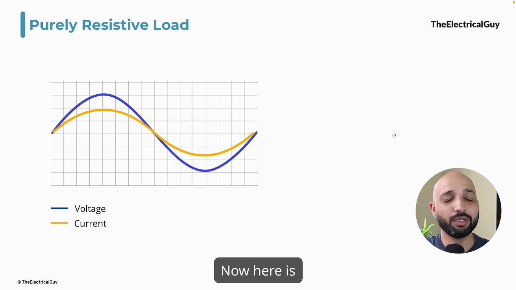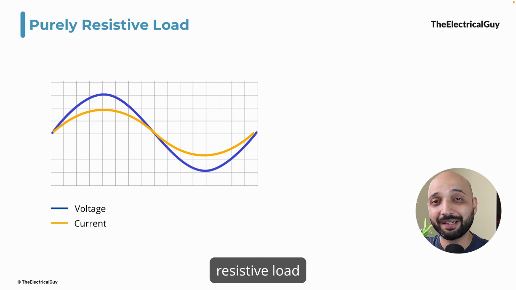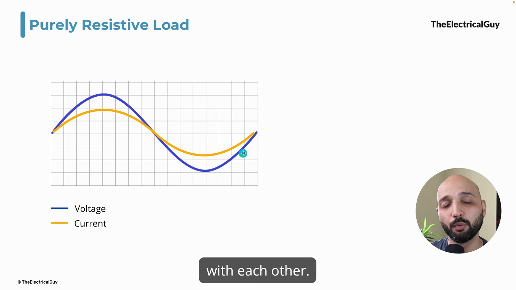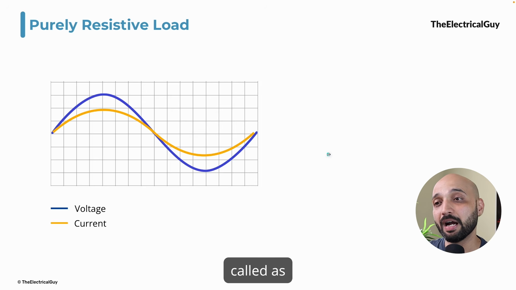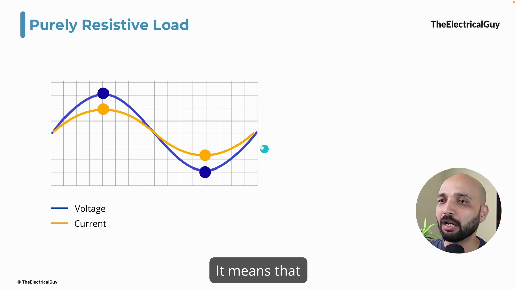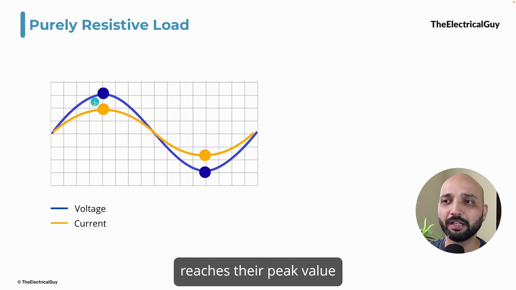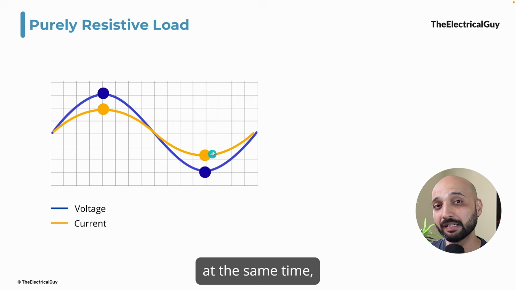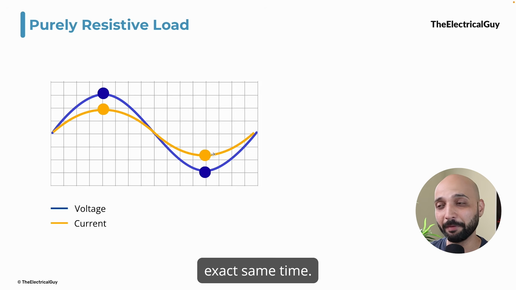Let us understand. Here is the waveform of the purely resistive load that we had. These waveforms are perfectly in sync with each other. They are called in phase with each other. What does that mean? It means that both waveforms reach their peak value at the same time. It could be the positive peak or even the negative peak, at the exact same time.